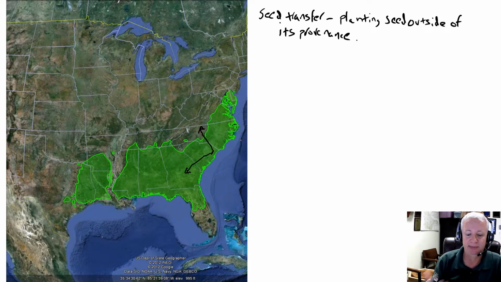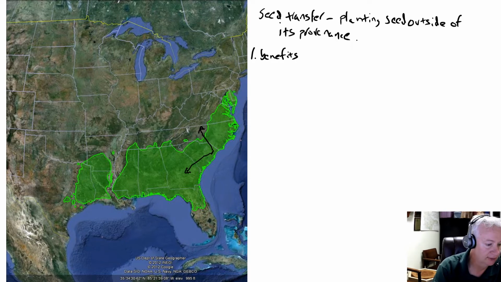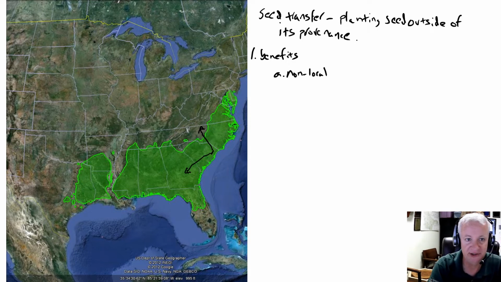And there's a number of reasons why seed transfer or assisted migration might be beneficial. So reasons why this might be a good thing to do. One is that non-local seed sources may have more desirable traits.